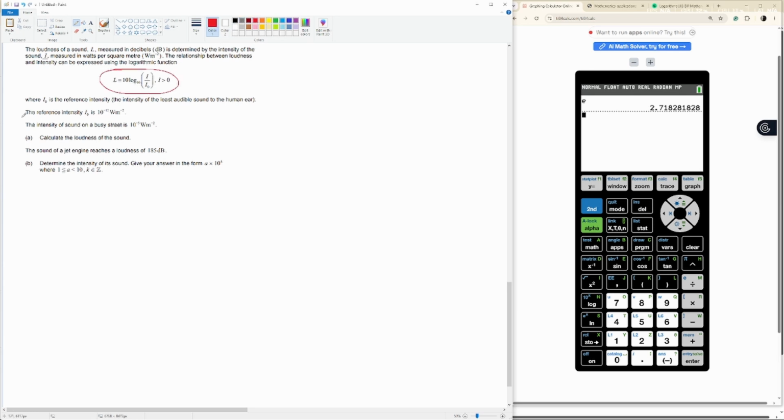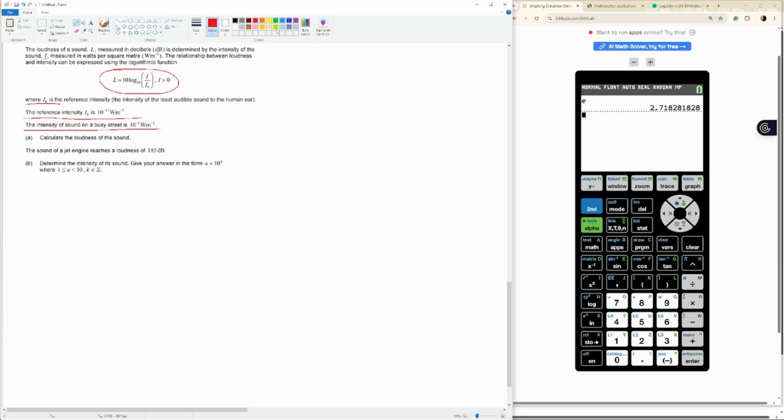Where I0 is the reference intensity, and the reference intensity in this case is 10 to the power of negative 12. The intensity of a sound on a busy street is 10 to the power of minus 5.